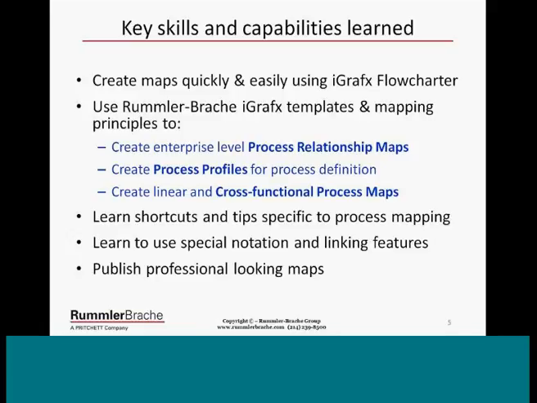We're going to have process profiles, which is a simple process map that's used for project definition, process scoping, the development of metrics, and also for educating others about process at a high level. And then, of course, the cross-functional maps and linear maps that we use for analysis and design. So those detailed maps that end up taking up a lot of wall space in your team sessions.